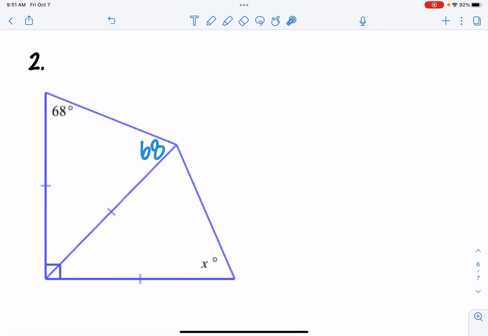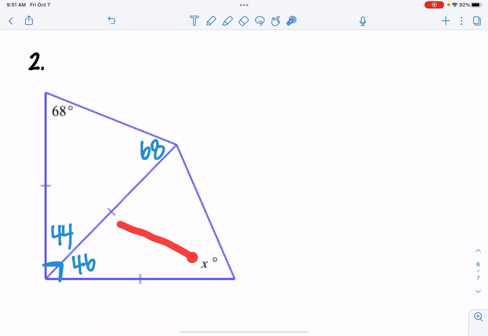So we're going to add all three together. So we're going to do 180 minus 68, and you should get 44. And again, because we see a right angle here, that needs to add up to 90. So its neighbor is going to be 46. And then we're at another isosceles triangle.